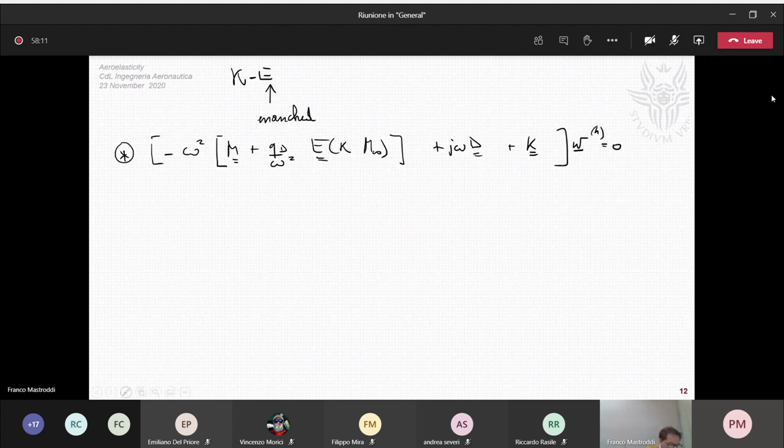We can multiply and divide this equation by the same quantity. We have again 1 plus jg, so we can divide it by 1 plus jg again.